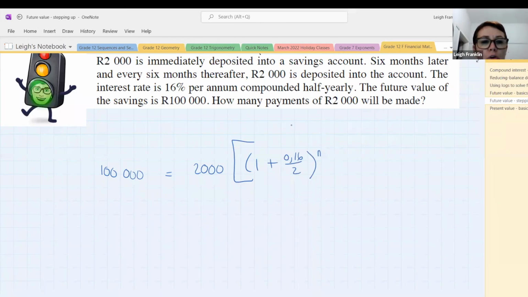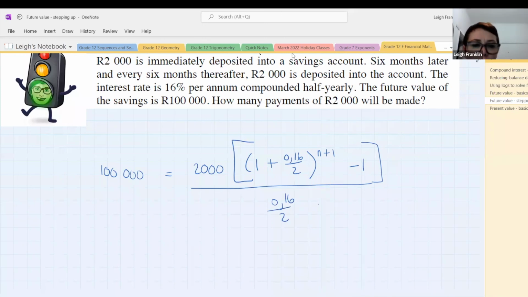And now, because they have deposited that money immediately, and 6 months later and every 6 months thereafter, there is going to be this n plus 1 in this case. So there is going to be an extra payment. Okay, so did you get that? I think some of you would have realized that.